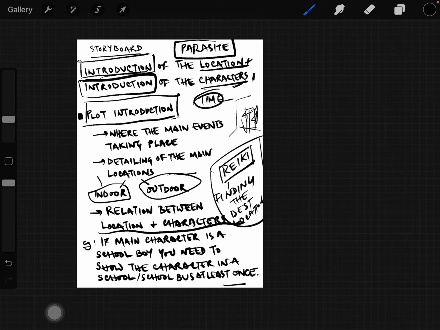Where the character is living or what the character is doing etc. So for example, if the character is a school boy, then you should show the school, or the boy coming out of the school, or the boy coming out of the school bus, even the school bus dropping the boy at his home. So in one moment you understand this character who is a boy is basically a school boy, right? So you get that idea.